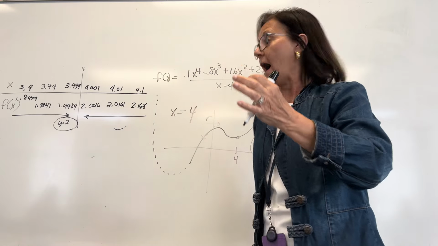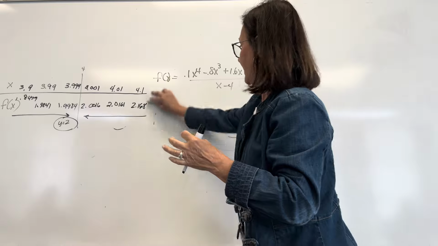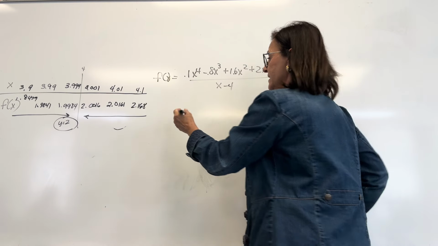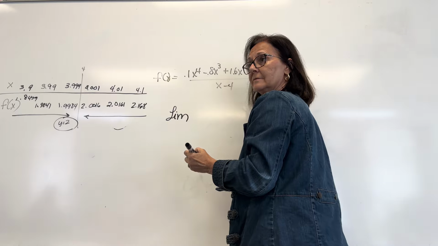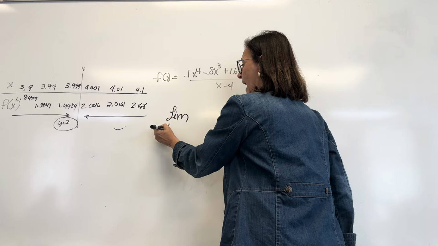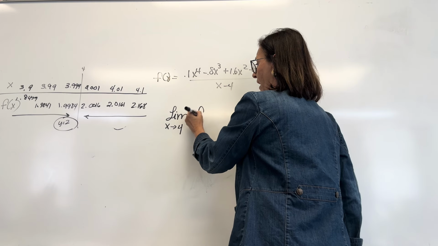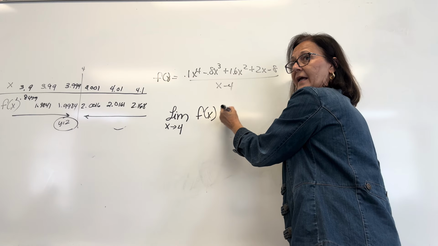So if I wrote the problem, and this is the function, I could say the limit as x approaches 4 of that function is 2.